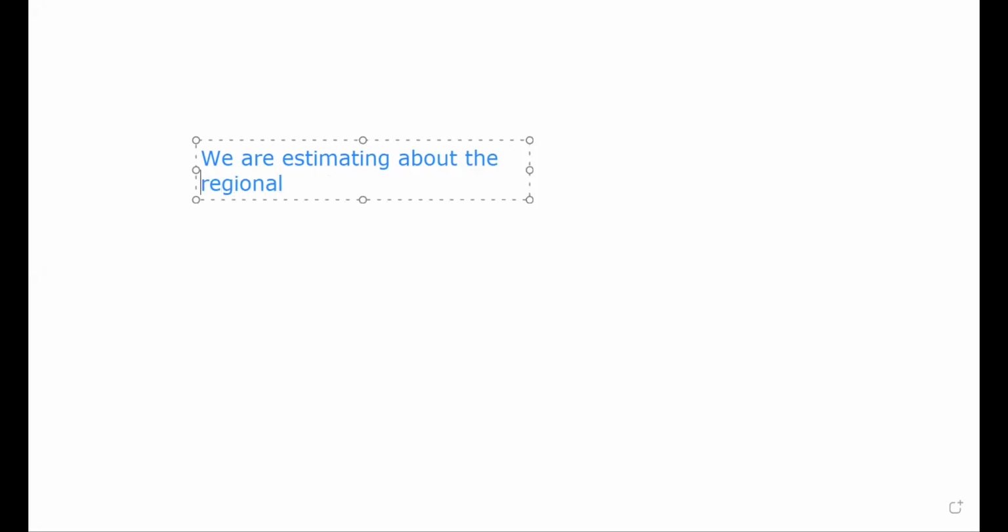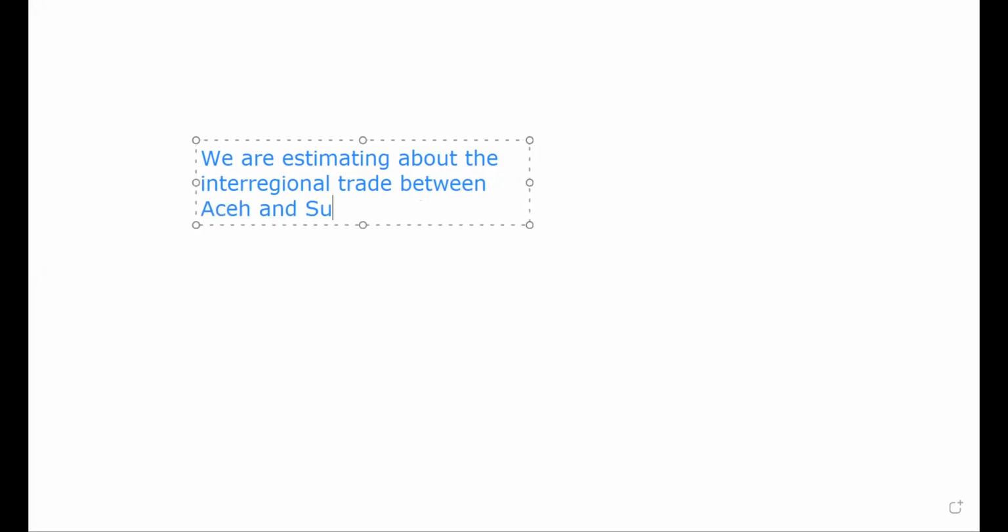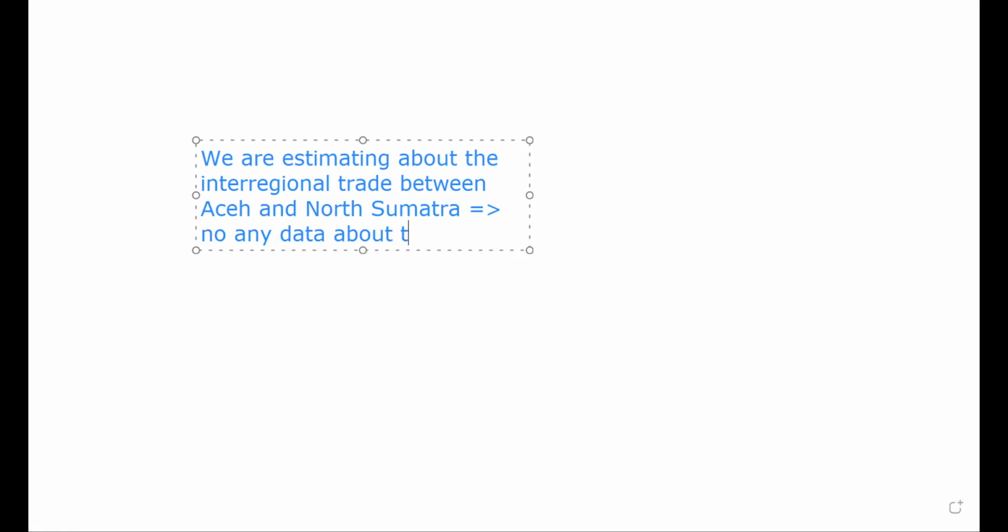For example, if we are estimating interregional trade, for example between Aceh and North Sumatra, I am very confident to tell you that there is no data about this trade.